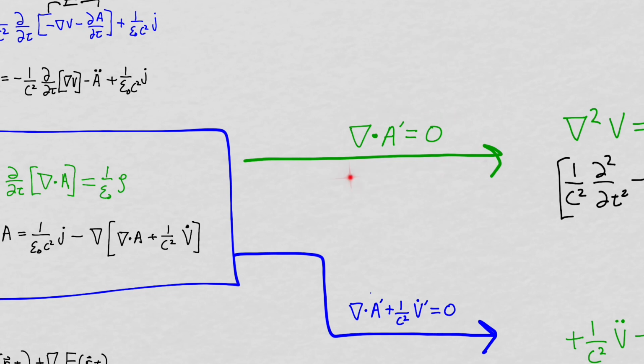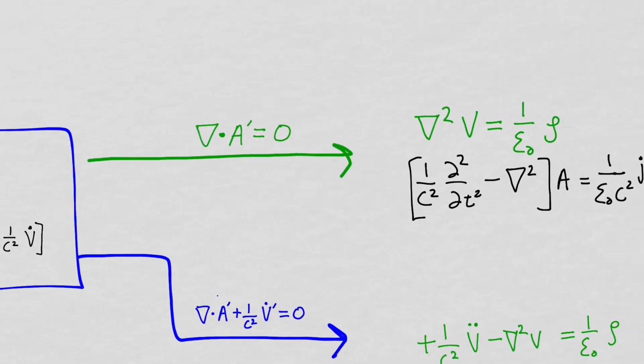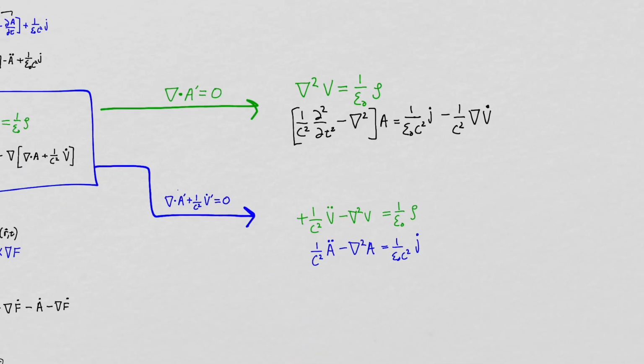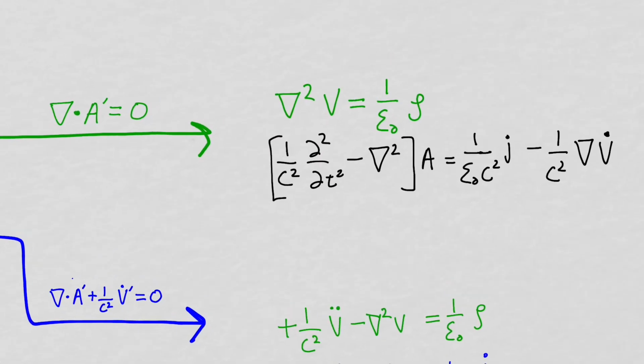So can we find a condition where the divergence of A is 0? Can we find an F where the divergence of A is 0? And if we did, this is what Maxwell's equations reduce to in potential form, right? Laplace's equation for V and inhomogeneous wave equation for A, where now the V part can be immediately substituted from the Laplace equation. There are some interesting facts here, right?